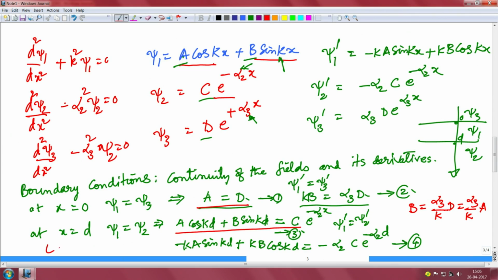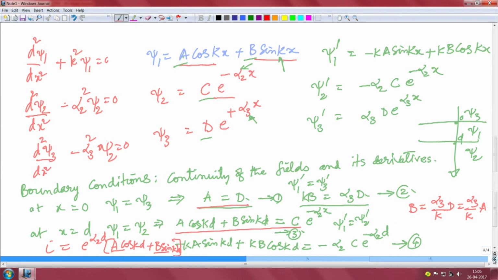So, I can write C as e power alpha 2 d, and putting onto this side, a cos k d plus b sin k d. Which we can replace for constants a and b using the earlier expression and write C as follows.